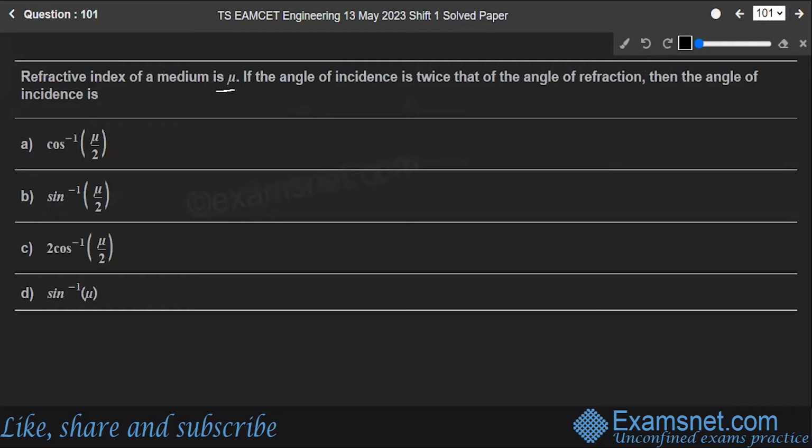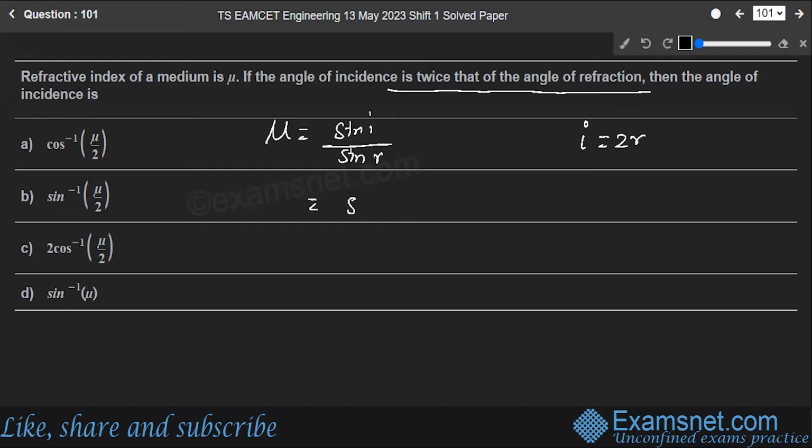Refractive index of a medium is mu. If the angle of incidence is twice that of angle of refraction, then the angle of incidence is, fine. So you are given refractive index of the medium. So that means you have mu is equal to sine of angle of incidence upon sine of angle of refraction. You are given that angle of incidence is twice the angle of refraction. So that means i is equal to 2r.